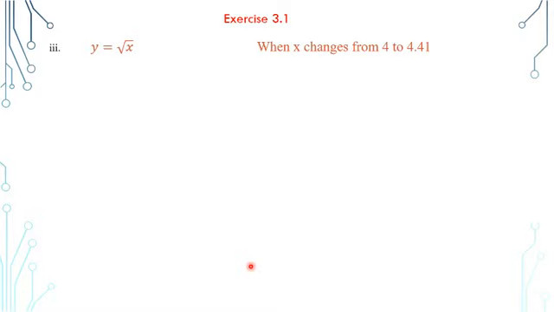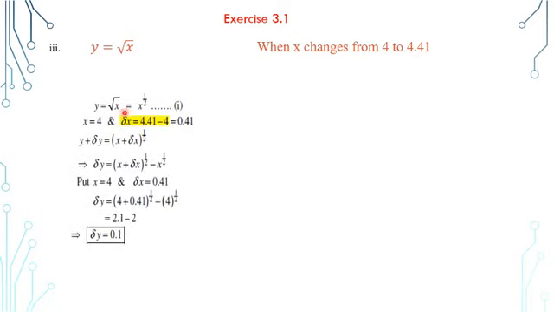Now part number 3, y is equal to square root of x and x changes from 4 to 4.41. Y is equal to square root of x means that x raised to power 1 by 2. Here x is 4 and del x is 4.41 minus 4. Second minus first we have del x is equal to 0.41.